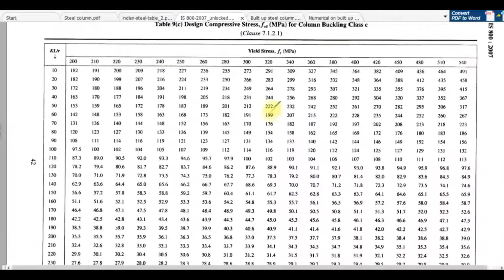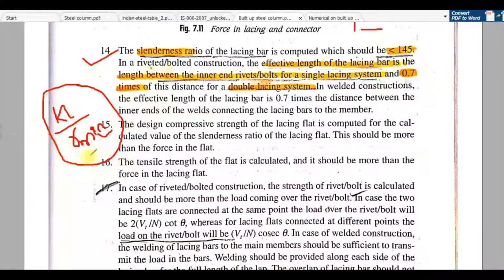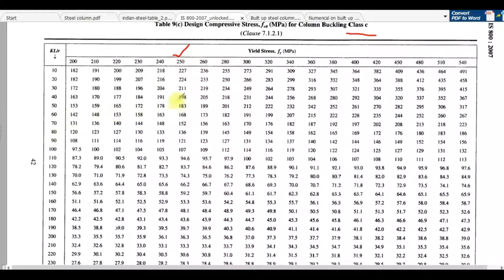So table 9C, buckling class C. For this value of KL by r minimum, you will get a definite value, and for that value and this 250 grade, you have to find the fcd, the design compressive stress. You know how to find this design compressive stress, so I will not describe it here.